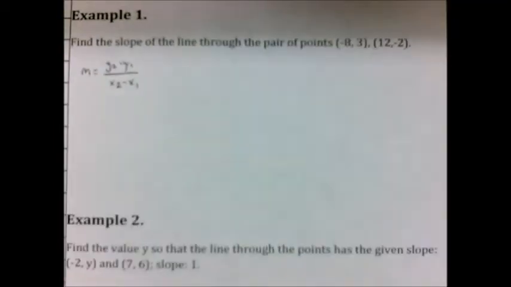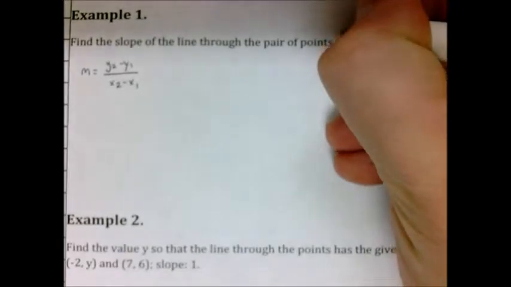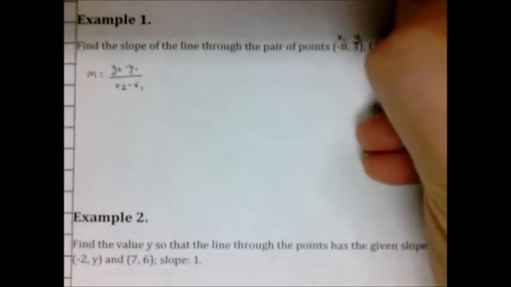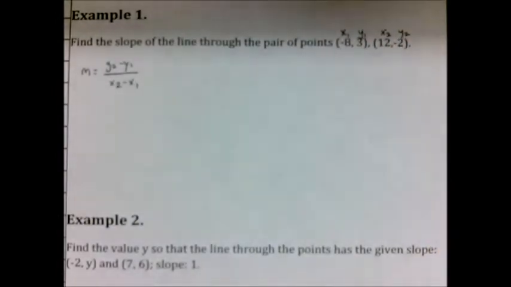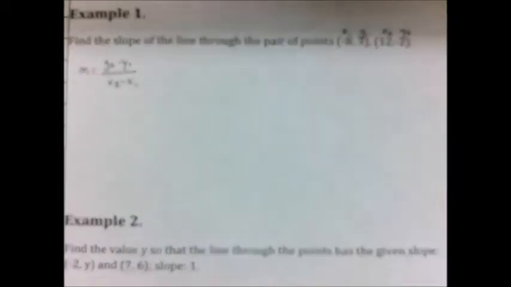The very first thing we need to do is identify which one we're going to use as x1, y1 and which as x2, y2. I always feel like it's easier just to do it in order. So we're going to do x1, y1, x2, y2. Those are our coordinate points, the values we're going to put in place in this formula.